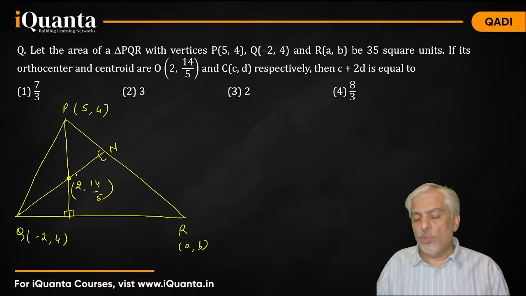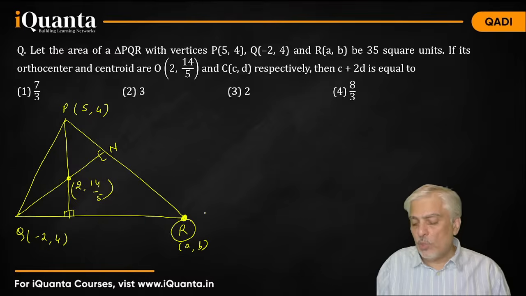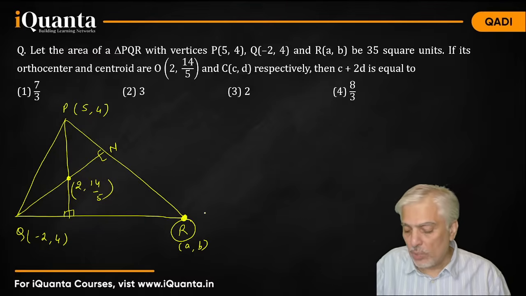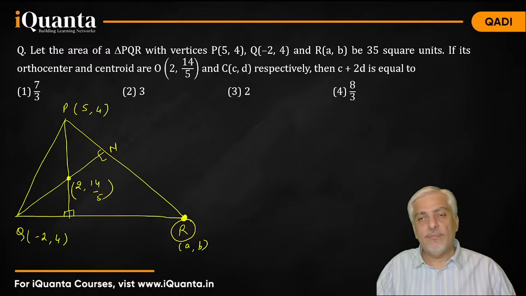So, let's quickly understand. I need to find point R first. Point R is the intersection of these two lines, PR and QR. So, I need the equation of PR and QR. But for both PR and QR, I have only one point. So, I'll need slopes.